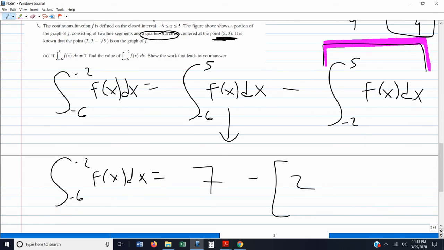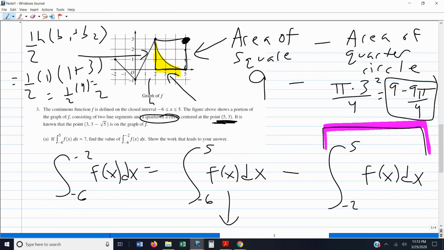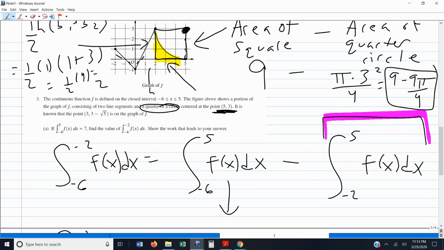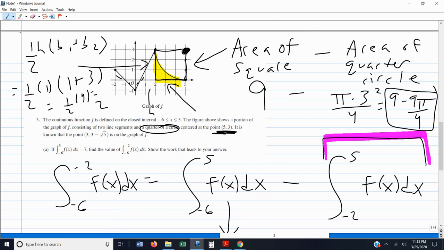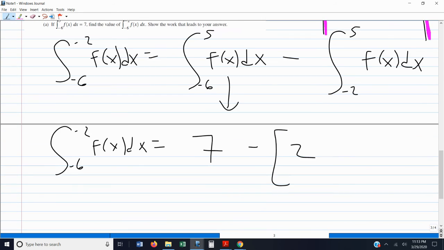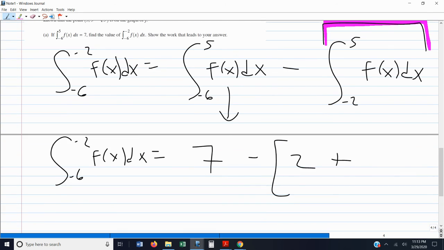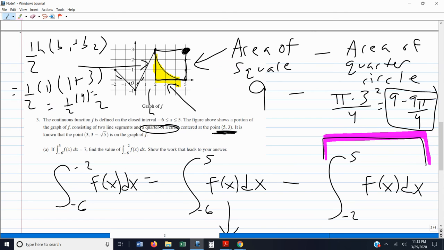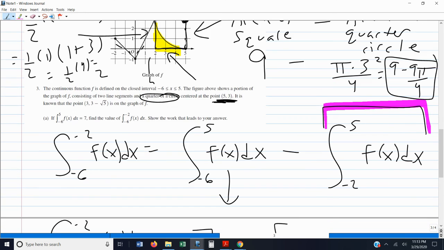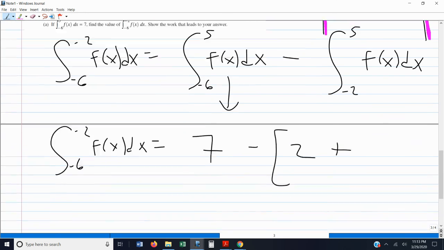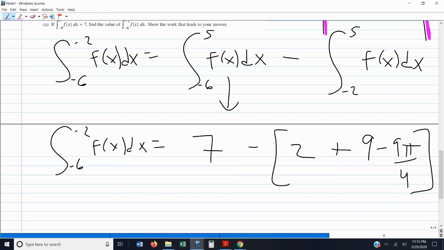So going back here to our statement, the area from -2 to 5, we had our canceled out triangles, our other canceled out triangles, our trapezoid, which had an area of 2, and then the area of that yellow shading was 9 minus 9 pi over 4.